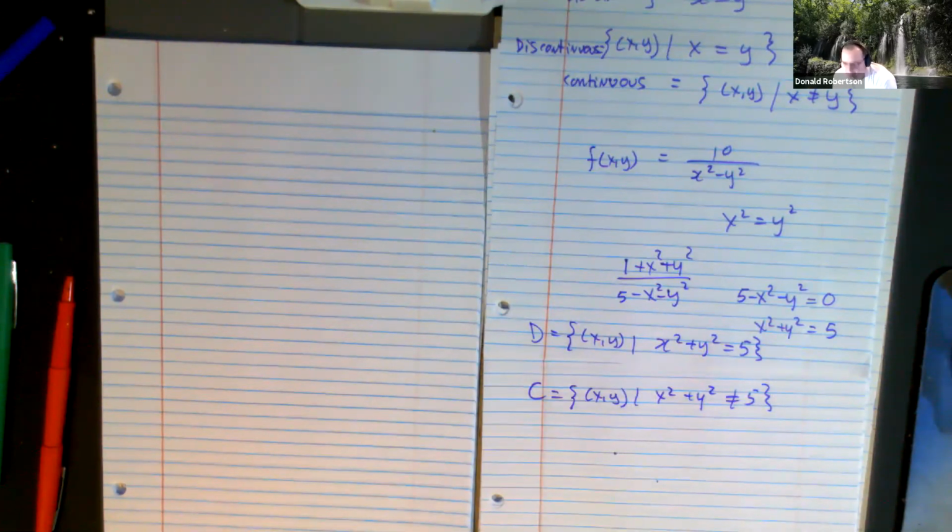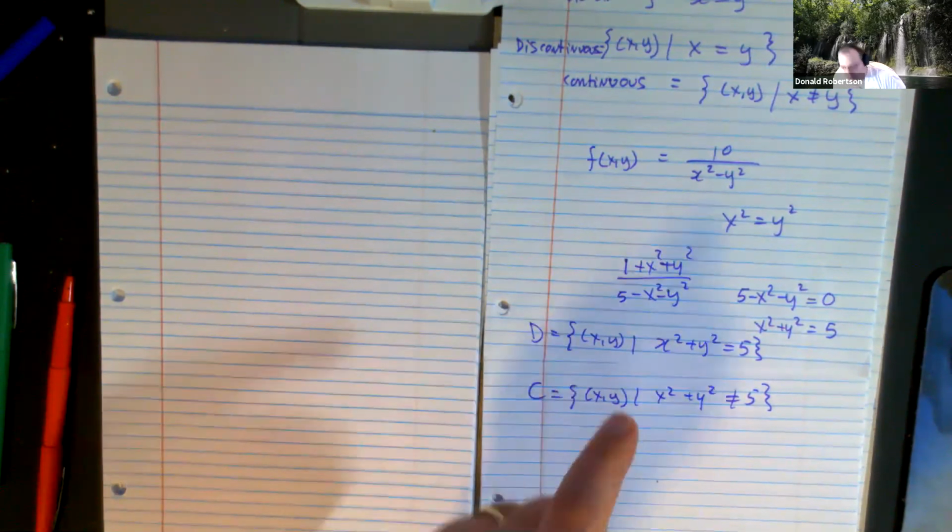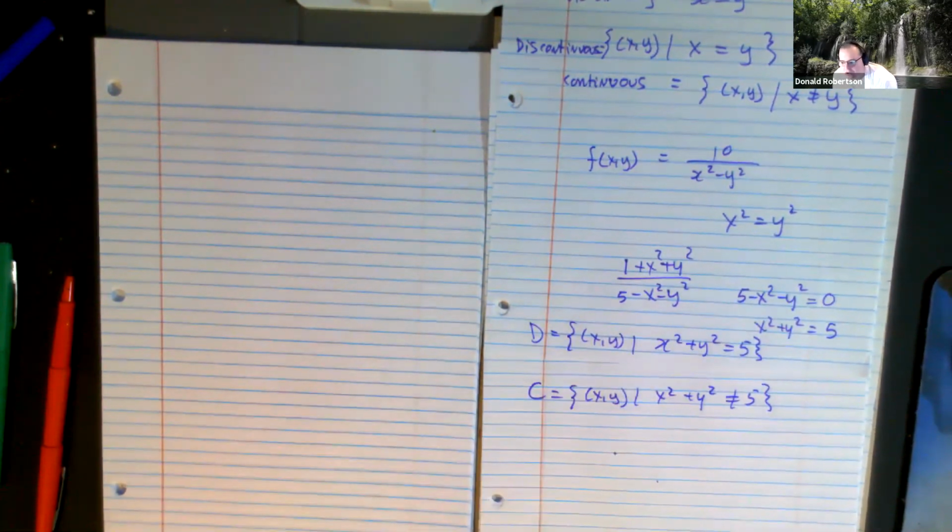Whatever it might be. Discontinuous is bad, in my opinion. Continuous is good. Because functions that are continuous, you can do lots of cool things with them. Functions that have discontinuities are a pain in the butt because you really can't do much with them. Not at the places where they're discontinuous, at least.